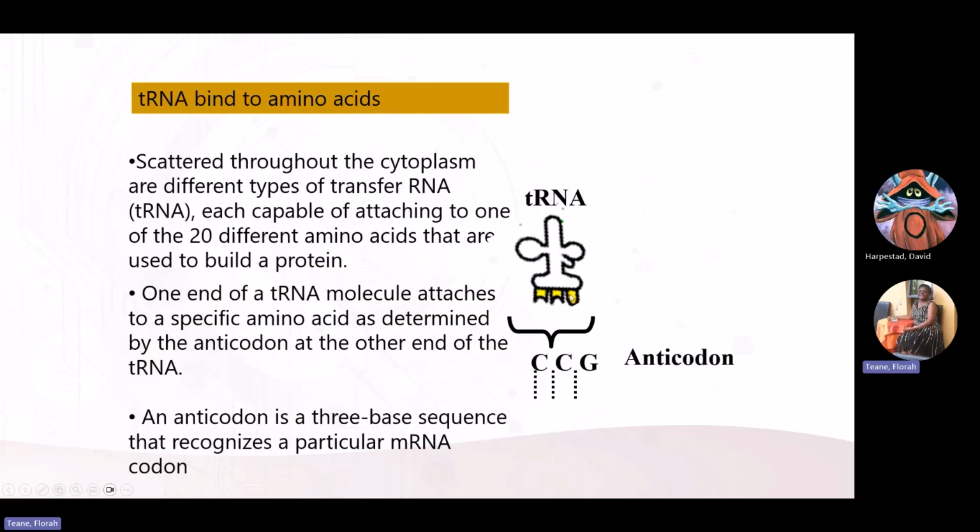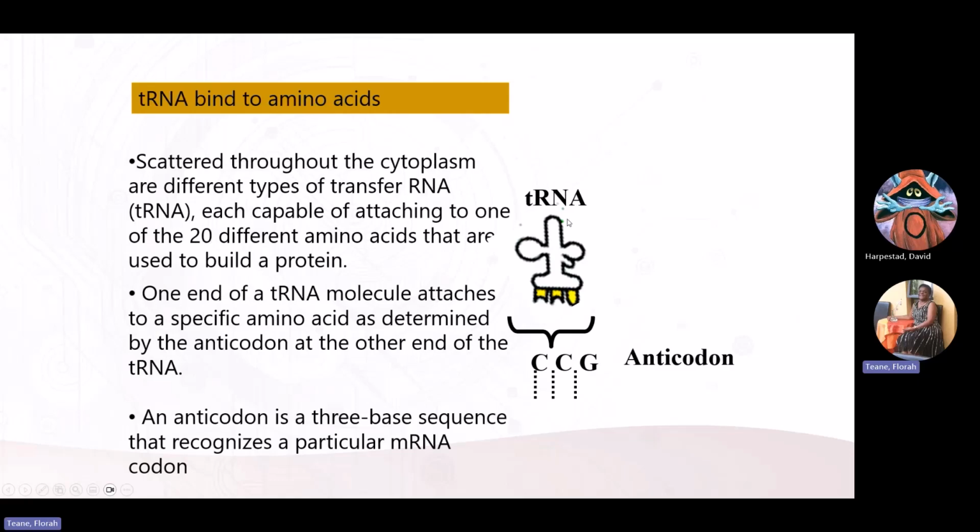Remember when I talk about a triplet of bases, it will mean maybe this is CGU. There are always 3, but in this case here, it is CCG.